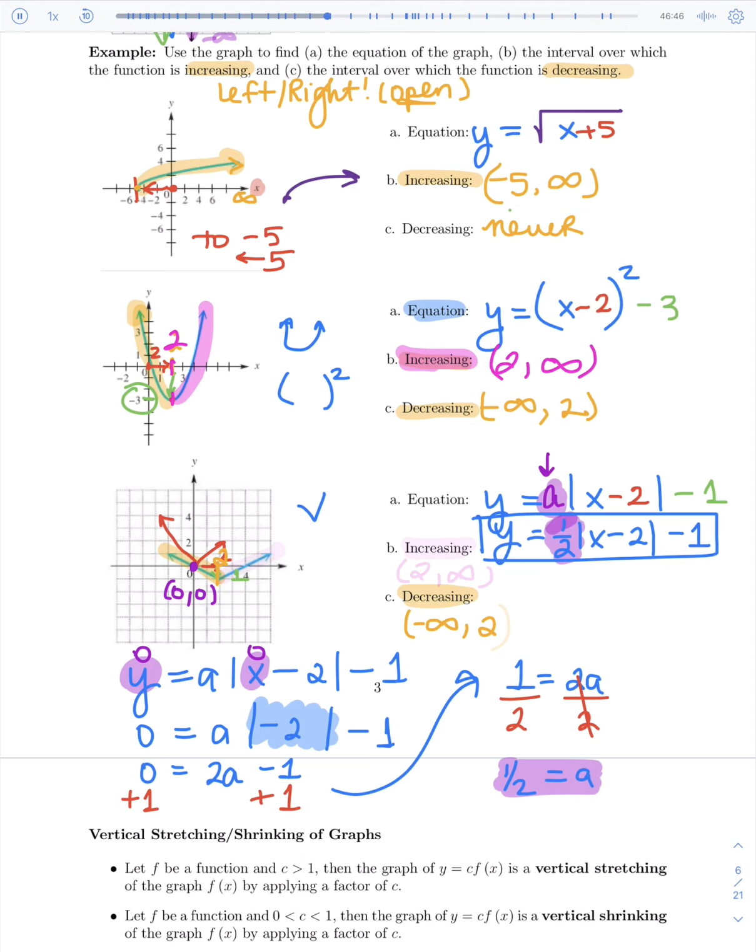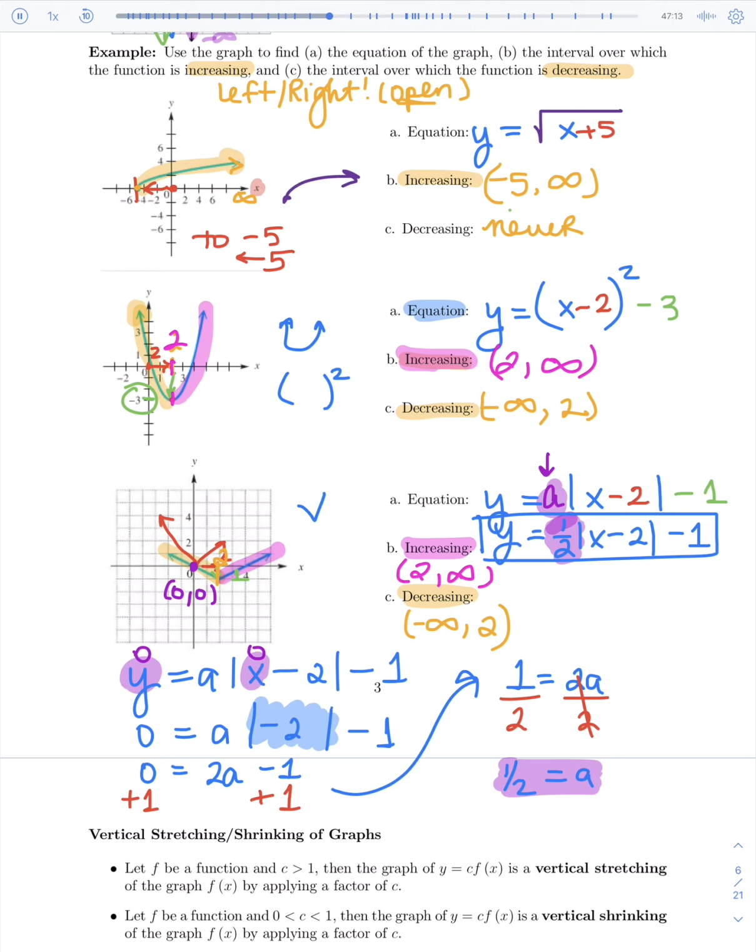Just like before, you have to use an open interval, so you'd stop there with a parentheses at 2. Then for increasing, you'd go from left to right again. That's the right side of the V, because you're going up. It would start at 2 and continue forever towards positive infinity, but you'd be done there. That gets you your equation, and also when you're increasing and decreasing.